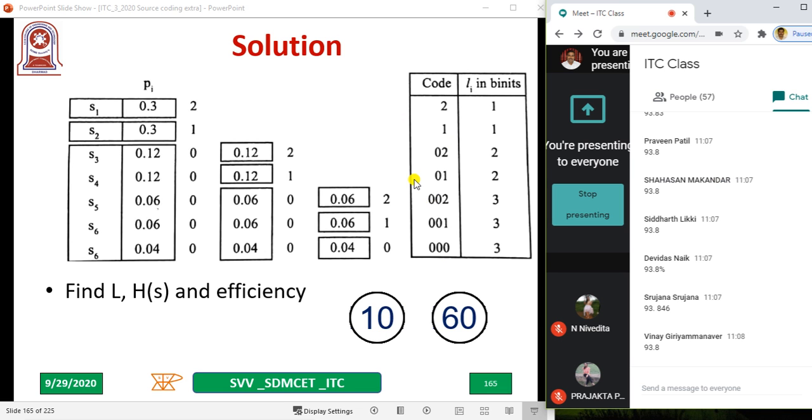Within 1 minute, at least one person will write the code words length.